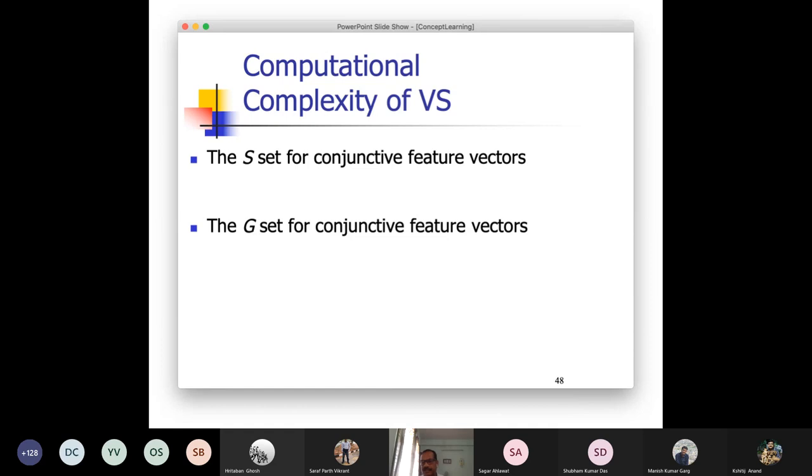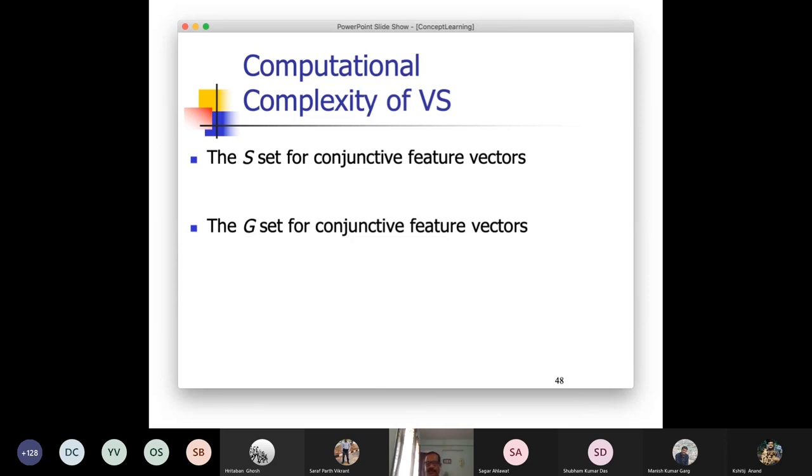The other issue that we will be discussing with respect to that algorithm is the computational complexity of the version space. It depends upon how many elements you need to compute for the version space. So the size of the version space is important. Actually, the size of the whole version space is not so important.